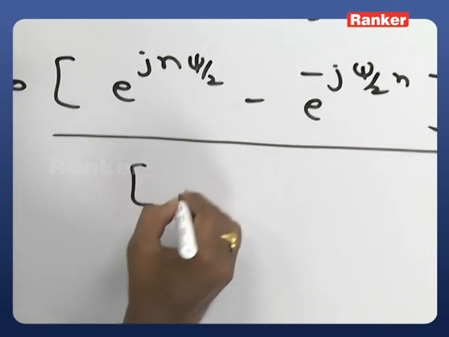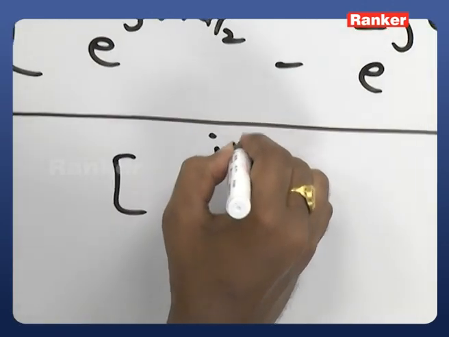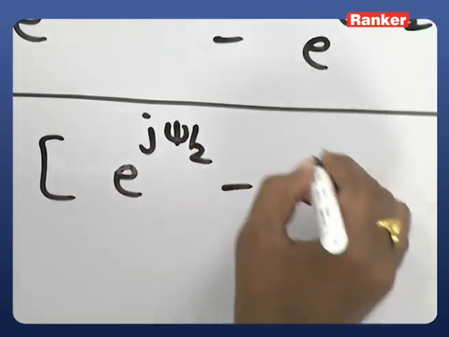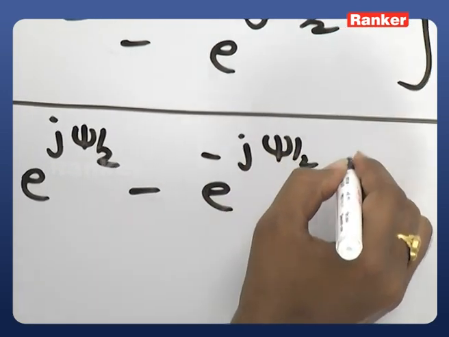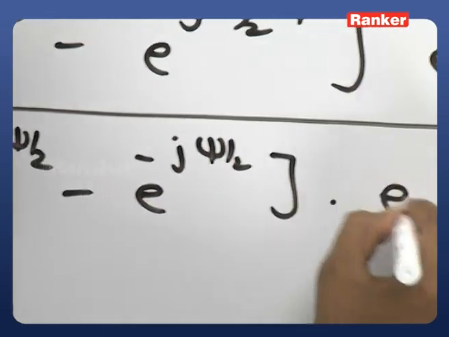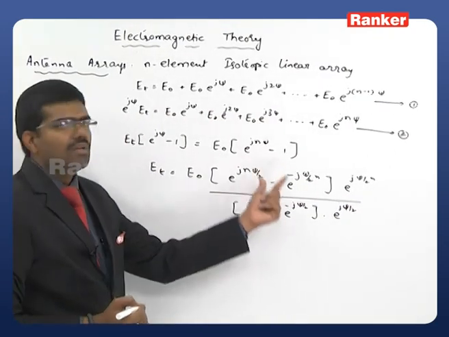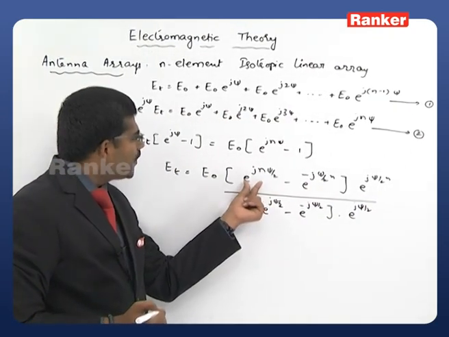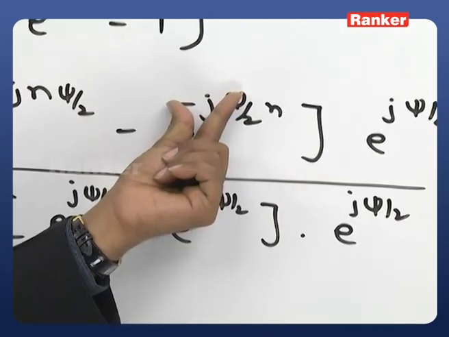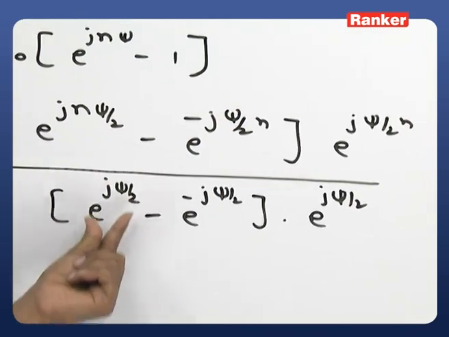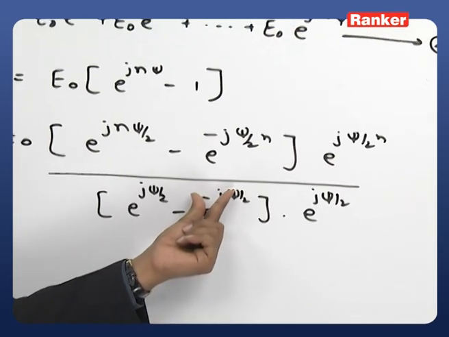That e power j psi minus 1 can be written as (e power j psi by 2 minus e power minus j psi by 2) multiplied with e power j psi by 2. This is the term that I am considering. This is in the form of e power j theta minus e power minus j theta. This is also in the form of e power j theta minus e power minus j theta.